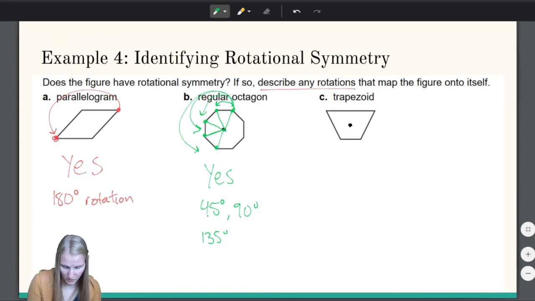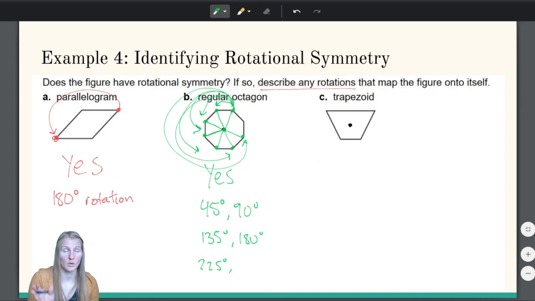It'll work with 180 degrees. It'll work with 180 plus 45, which is 225 degrees. It'll work with 180 plus 90, which is 270. All the multiples of 45. This is 45 times 1, 45 times 2, 45 times 3, 45 times 4, 45 times 5, 45 times 6. Oops.